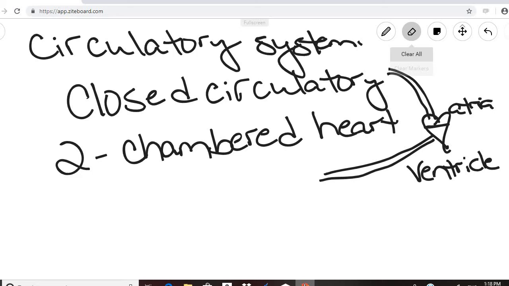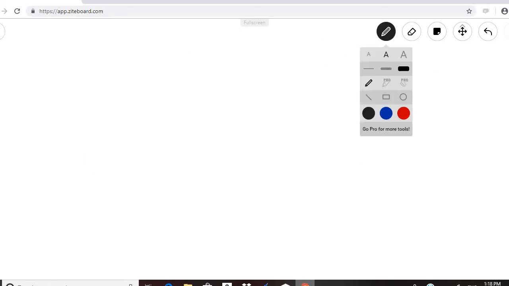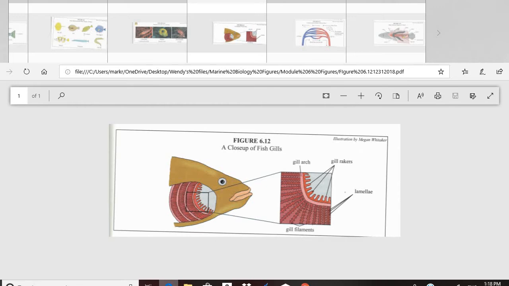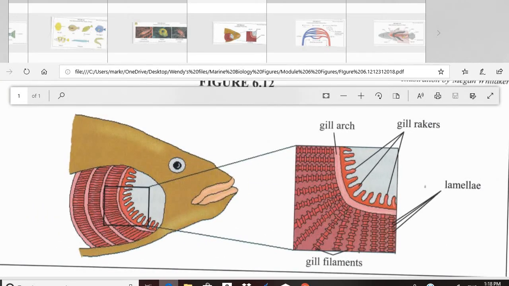Related then to the circulatory system, when the blood circulates, the water comes in and flows over the gills, and those gills pick up oxygen. That oxygen then gets transported in the blood. So one of the things, if you look at the gills of a fish, when you dissect the fish, obviously you're not going to see this because the fish does not have blood pumping through it.